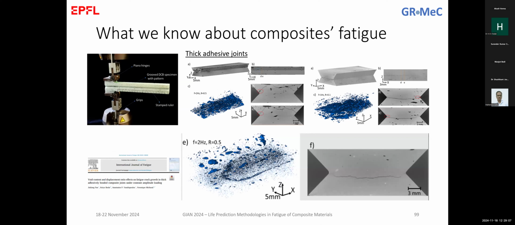With all the methods that we have now, with fractography and all these X-ray methods, we can identify the structure of the materials. We can see the fracture propagation, and the question here is to introduce methods or to adapt the methods, for example fracture mechanics methods, to consider these effects and this type of geometries that are not usual and were not used before when these methods were applied.